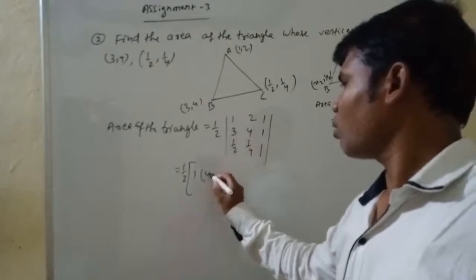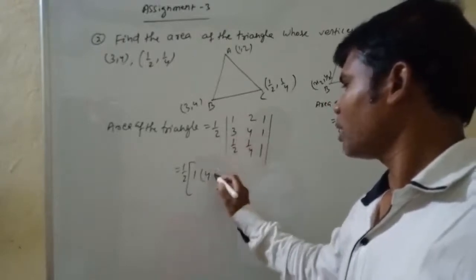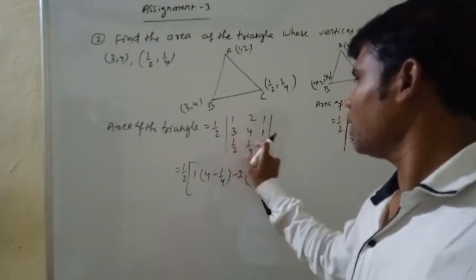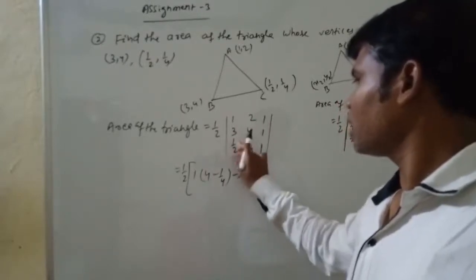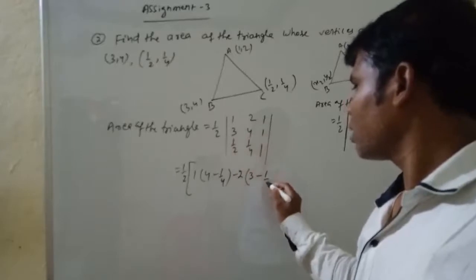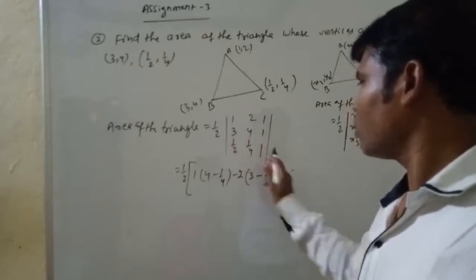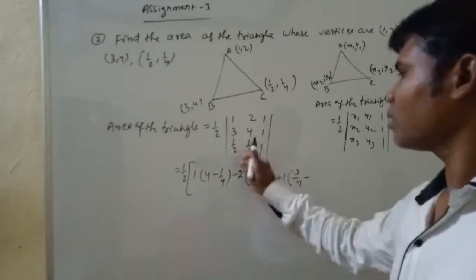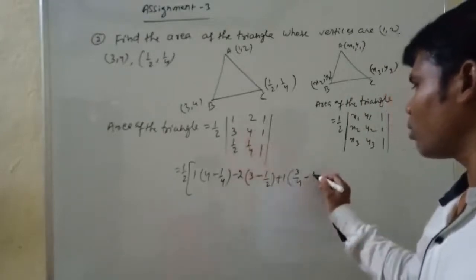The determinant is the area. Half of the determinant of this is equal to half of, okay, 1 into 4 into 1 minus 1 by 4 times 2, minus 2 into, okay, 3 into 1 minus half into 1, plus 1 into 3 into 1 by 4, that is 3 by 4, minus half into 4.